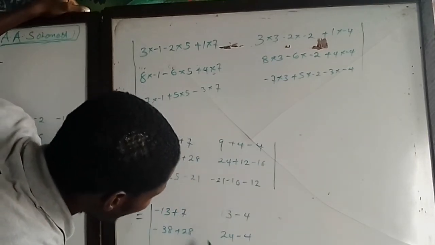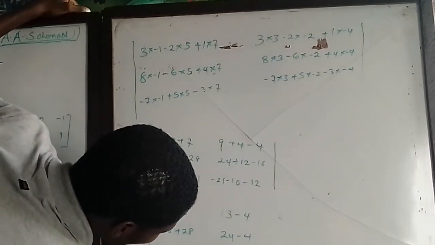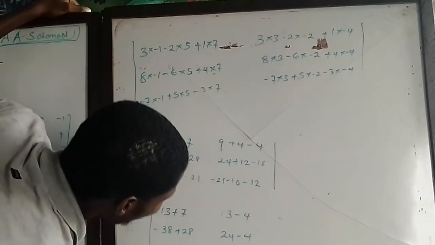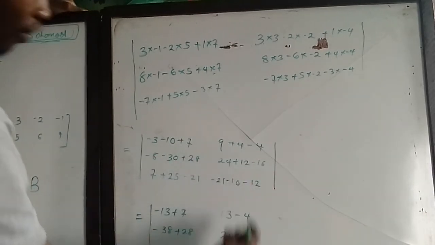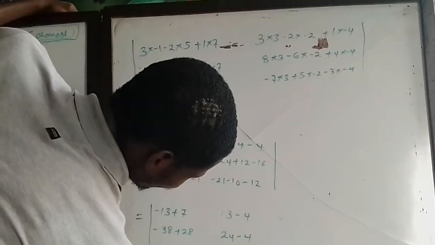Then minus 21 minus 10 minus 12 will give us minus 22.